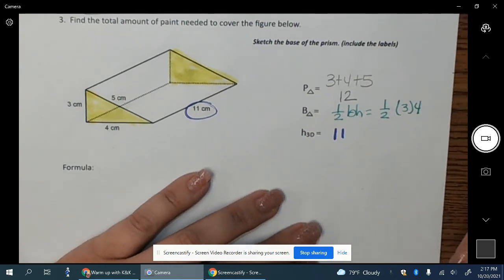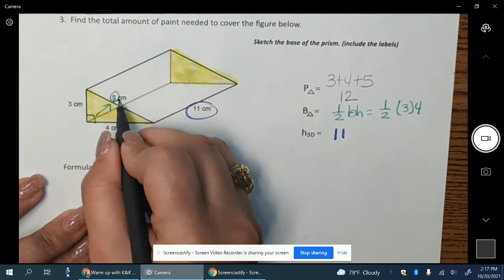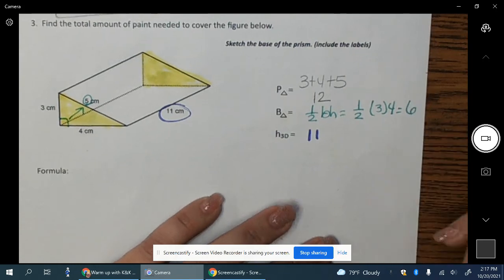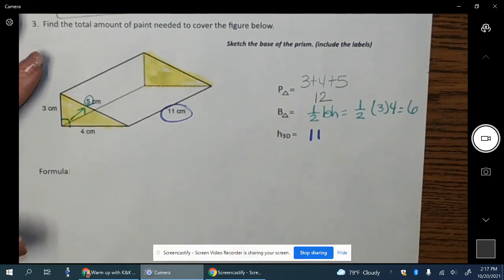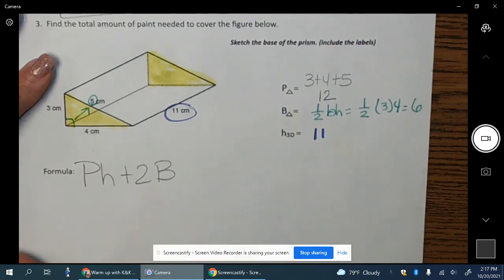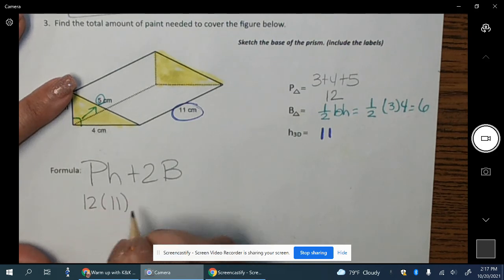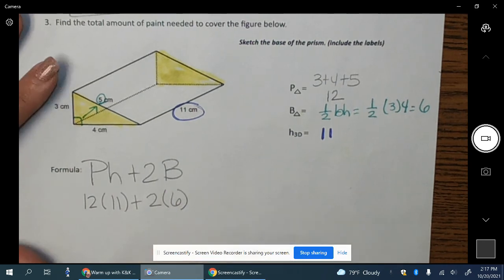So what's the hypotenuse? 5. So what does this equal? 6. Which formula shall I pick? Total, which is pH plus 2B. Perimeter? 12. Height 11. Plus 2 times 6.